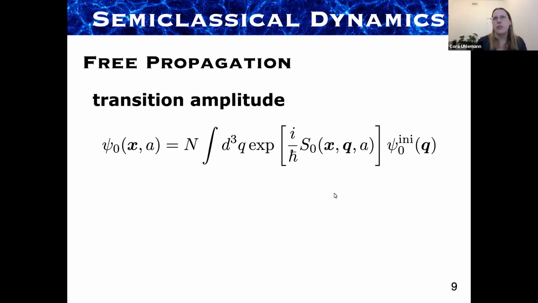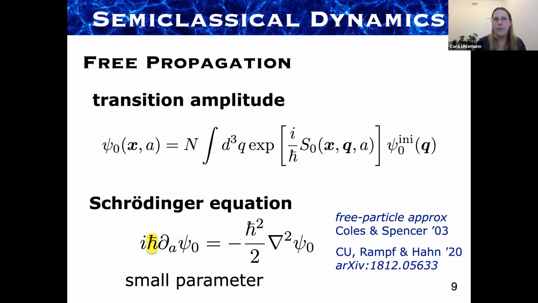Now, if we have an initial wave function specified at the initial positions q, we can use this classical action of the free particle to compute the transition amplitude and convert the initial wave function to the final wave function at final positions x and time a. So now, unsurprisingly, the wave function that follows from the free propagation follows a free Schroedinger equation. And essentially, this is the semiclassical analog of the Zeldovich approximation.